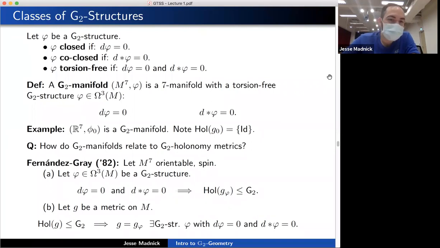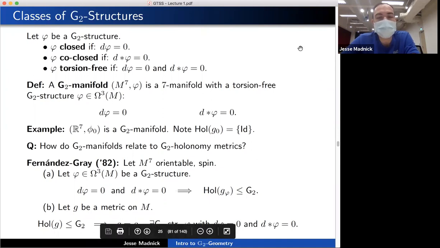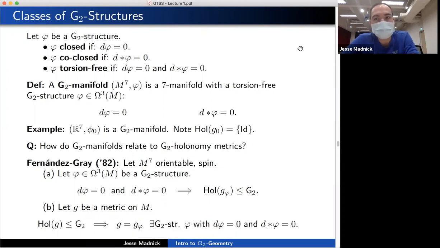So if you have some arbitrary metric g on your orientable spin 7-manifold, and the holonomy is contained in G2, then in fact g is the induced metric from a G2 structure which is torsion-free, closed and co-closed. The way you would prove this is by using the holonomy principle to recast the holonomy contained in G2 condition as the parallelism of phi with respect to the Levi-Civita connection.